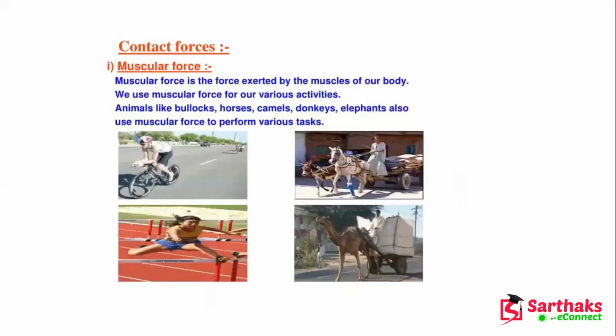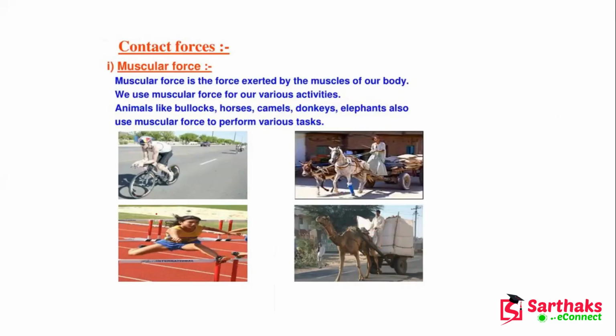Okay. So now here I have shown a lot of examples. You can see one person who is cycling here, one bullock cart, and here some heavy objects they are taking, and this person has to stop at the finishing line.